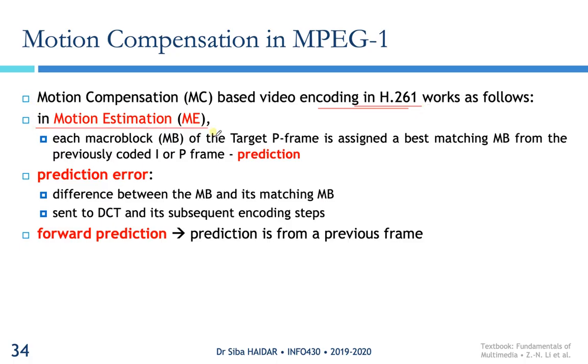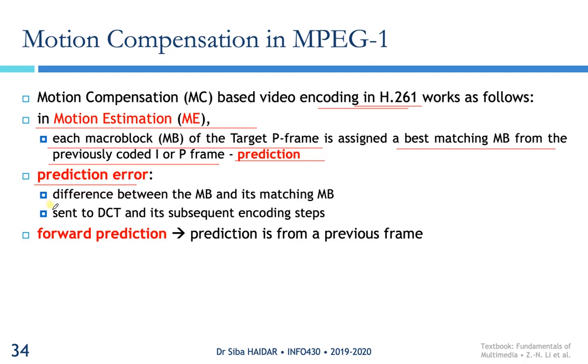In motion estimation, each macro block of the target frame is assigned a best matching macro block from the previously coded I or P frame, and this is called prediction. We already explained this. The prediction error, what is a prediction error?